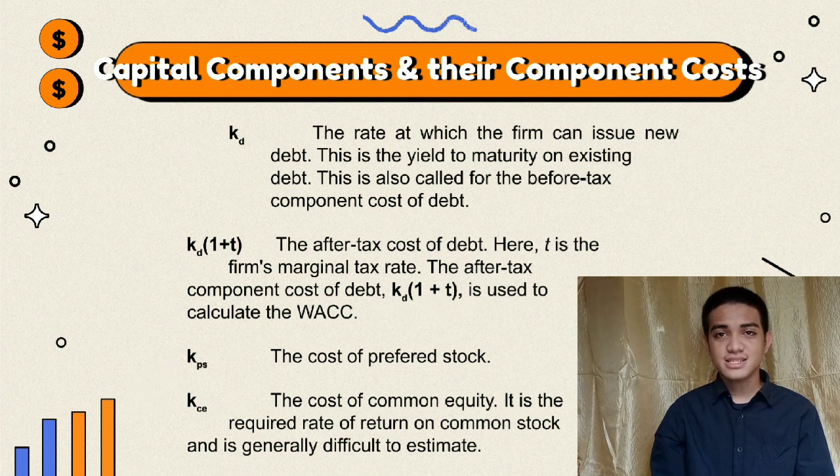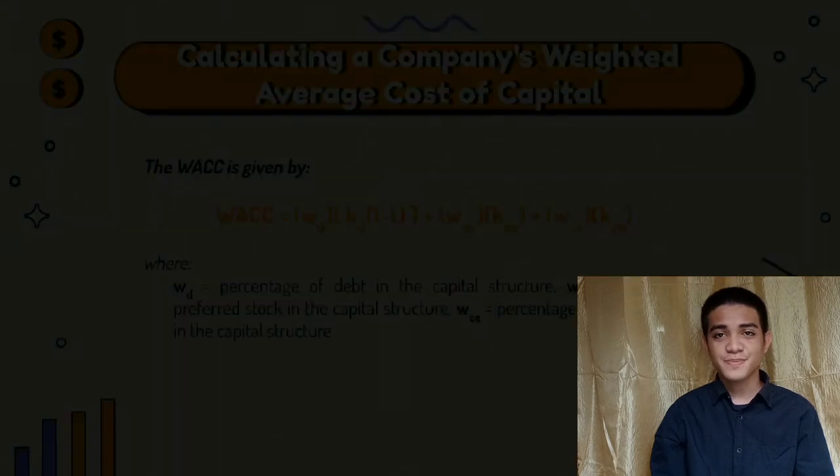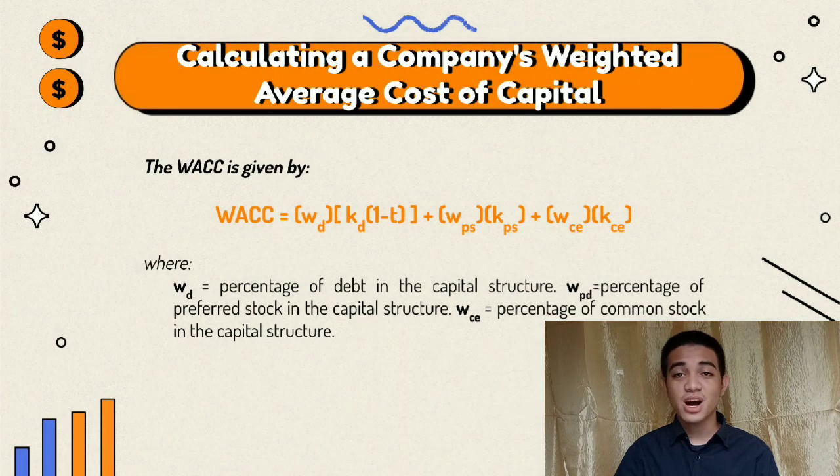Symbol KPS is the cost of preferred stock. And lastly, the symbol KCE is the cost of common equity. It is the required rate of return on common stock and is generally difficult to estimate. Now, we proceed with the WACC formula.